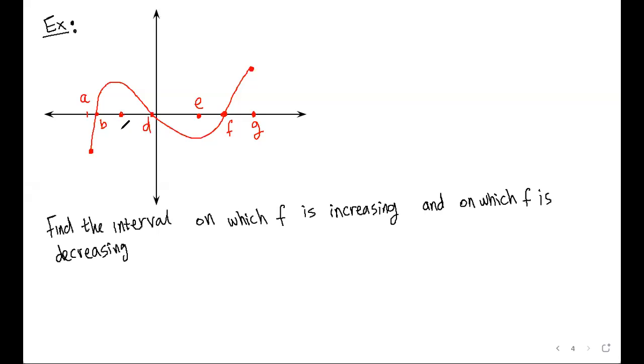The question is, find the interval on which f is increasing and on which f is decreasing. Who will give me the interval for which this function f of x is increasing and for which this function is decreasing?